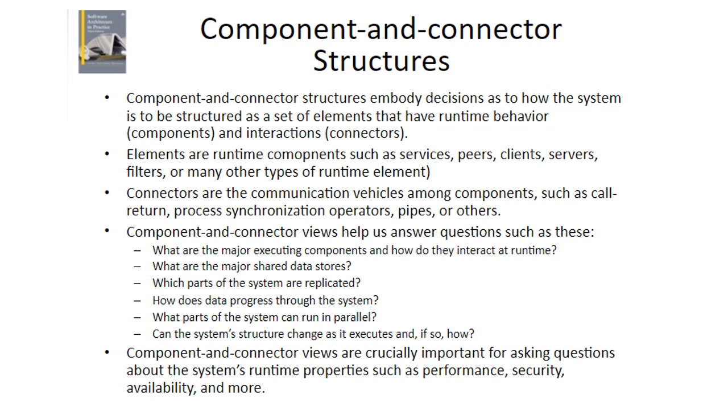So it can be any type of runtime element. The connectors act as a vehicle among the components. If two elements want to be connected, they have to be combined together, like a call and return procedure, process synchronization operators, pipes and others.